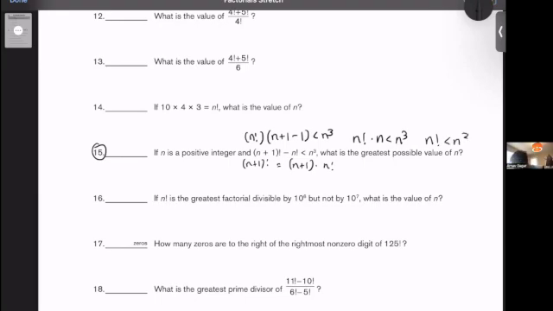Let's reread the problem. We want the greatest possible value for n. And so we can go ahead and try a couple of the smaller values to see if we can find that pretty quickly. So first, if we try n is 1, we get 1 is less than 1. This doesn't work, so we'll move on to the next one. n is 2: 2 less than 4 works. This could be the answer, but we also need to check n is 3: 6 is less than 9.